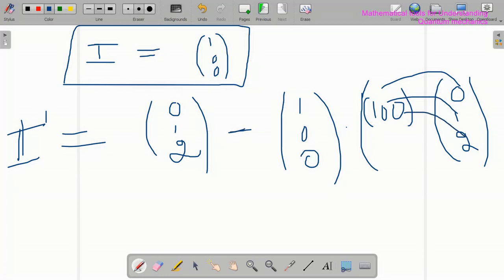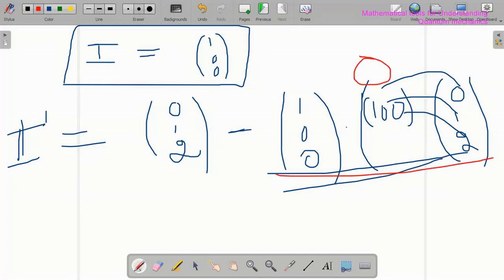The total value is 0, so we are left with 0, 1, 2, but we have to normalize it.